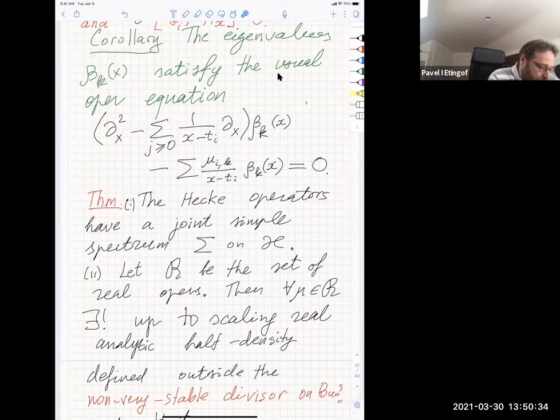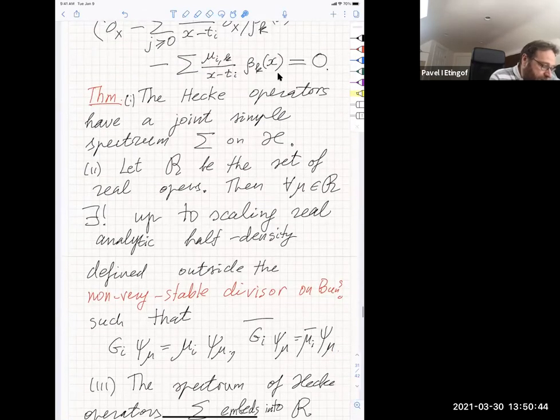in SL2R, then for every mu there is a unique up to scaling analytic half density defined on the moduli space of bundles, which is defined outside the not very stable divisor. So what is the not very stable divisor?